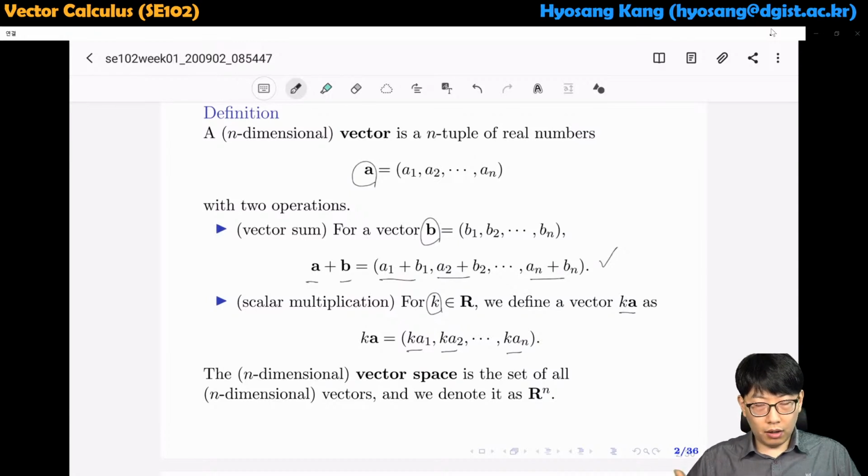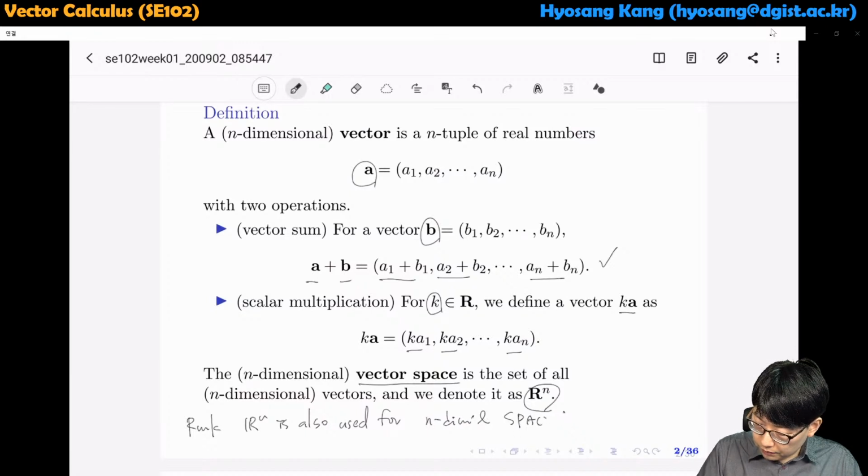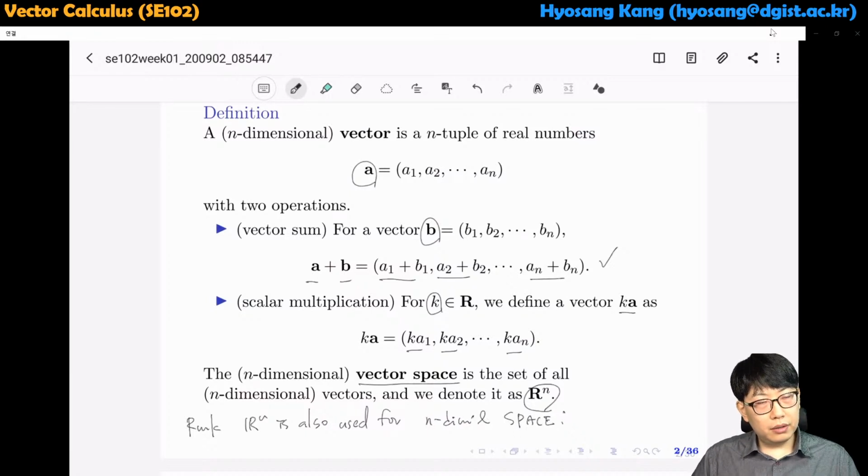If you collect all the n-dimensional vectors, we call it n-dimensional vector space, and we usually denote it by Rn. I want to make a remark that Rn is also used for n-dimensional space, not the vector space.